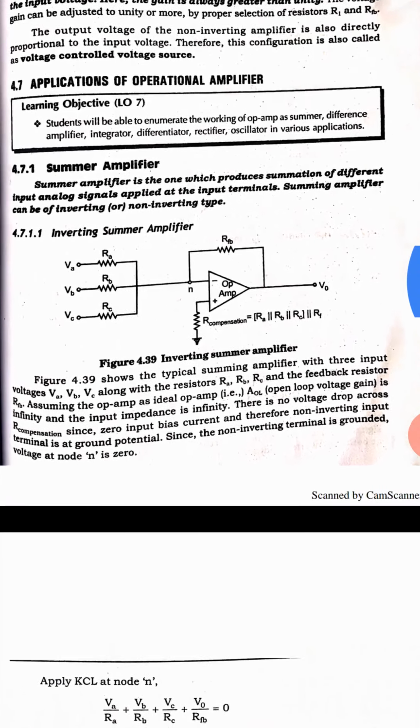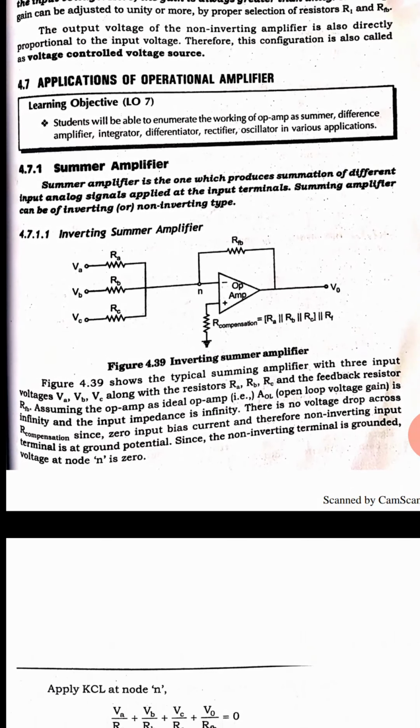The summer amplifier is one which produces the summation of different input analog signals applied at the input terminals. Here assume that VA, VB, VC are the different input analog voltages.